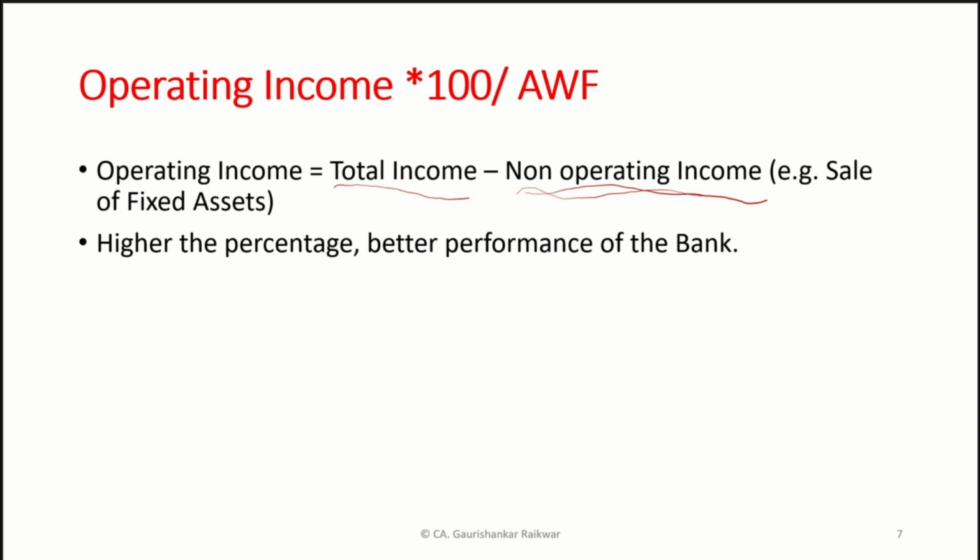Like depreciation is an operating expenditure, commission and brokerage are examples of operating income. Non-operating income is what we call sale of fixed assets or sale of investment. So when we deduct the non-operating income from the total income, we get the operating income.